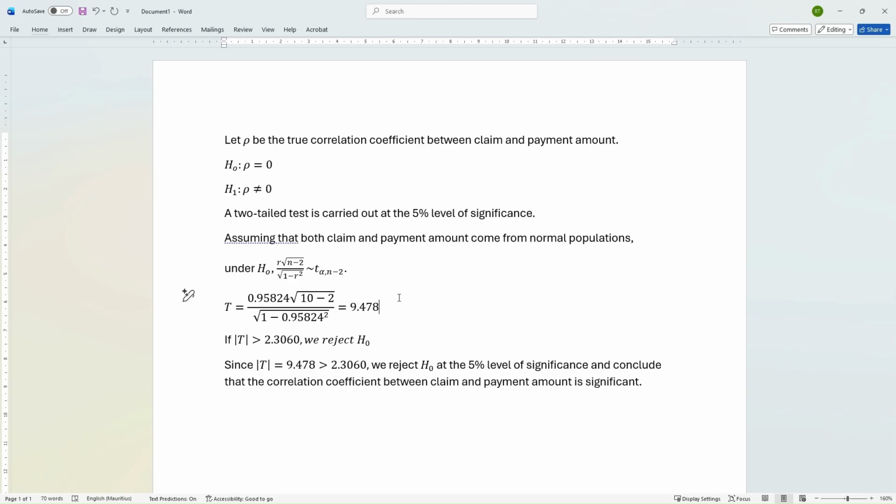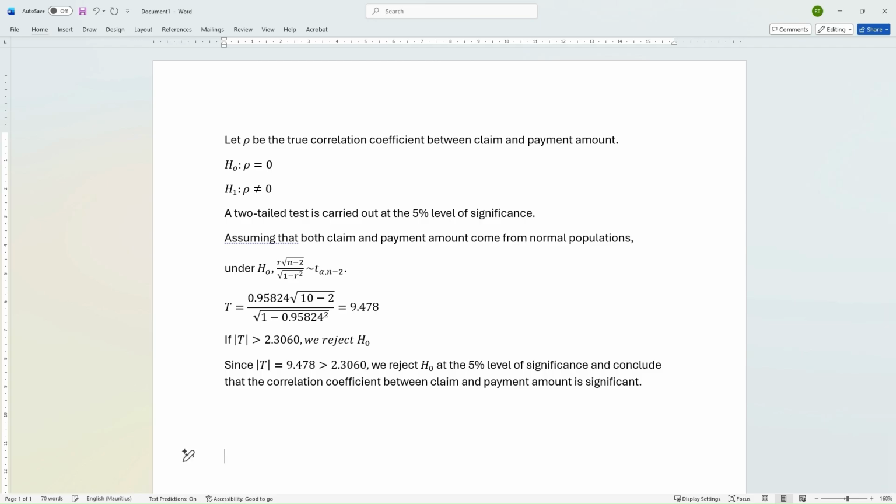Then you will know what value you need to use in your statistical table, and then you give your conclusion in technical terms, which is this: since modulus t is greater than the critical value, we reject the null at 5% level of significance. And then we give the plain English, simple conclusion, and conclude that the correlation coefficient is significant. So that's the way you answer a question on correlation coefficient.